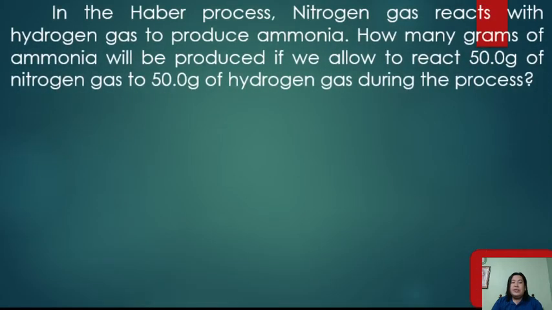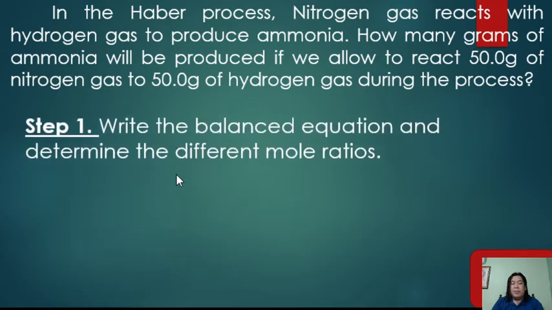So in our first example, in the Haber process, nitrogen gas reacts with hydrogen gas to produce ammonia. How many grams of ammonia will be produced if we allow 50.0 grams of nitrogen gas to react with 50.0 grams of hydrogen gas during the process?